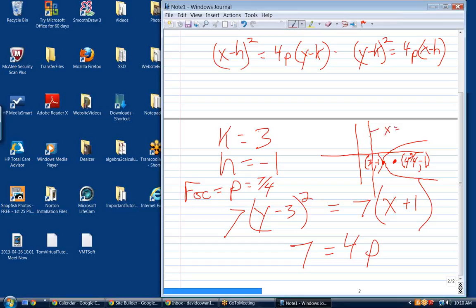X equals something. X equal, so would it be minus p then this time? Yes. Okay, so p minus 7/4, which is 5/4. Yeah. So x equals 5/4 is the directrix.